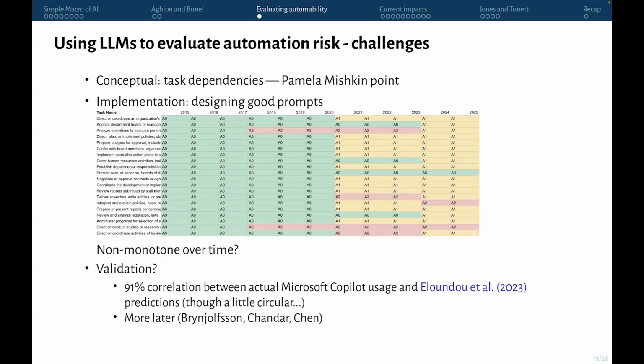That matters both from the theoretical point, as Phil discussed yesterday, but there's also an implementation issue, because an interesting question is how you define what a task is, at what level of aggregation. If there are these dependencies, you might want to consider a higher level of aggregation, such as occupation, and maybe do this analysis at the occupation level instead of the individual O*NET task level. So that's a conceptual point related to, but not exactly the same as, what Phil mentioned yesterday.